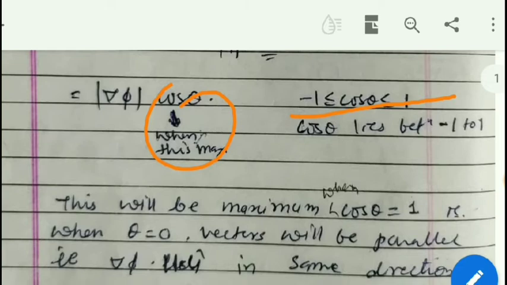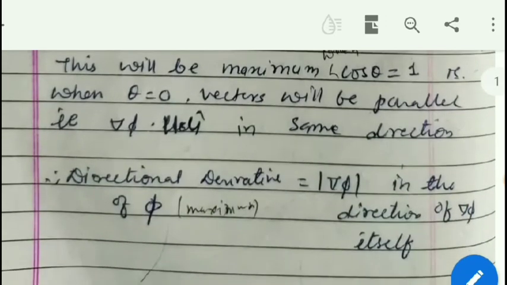That means when theta equals 0, the vectors will be parallel. That means u cap is parallel to del phi, in the same direction.